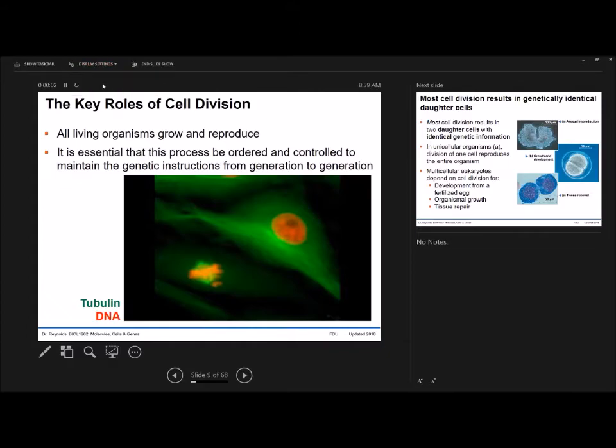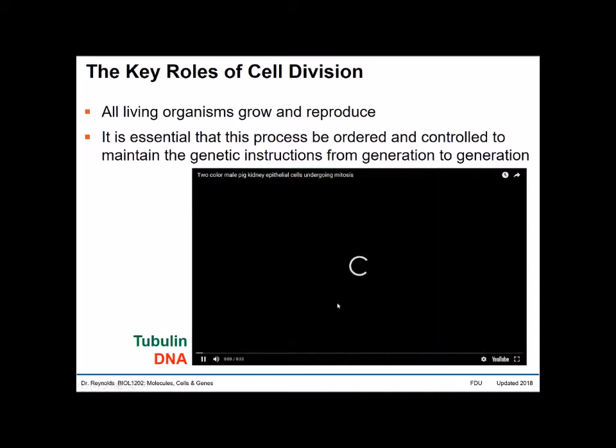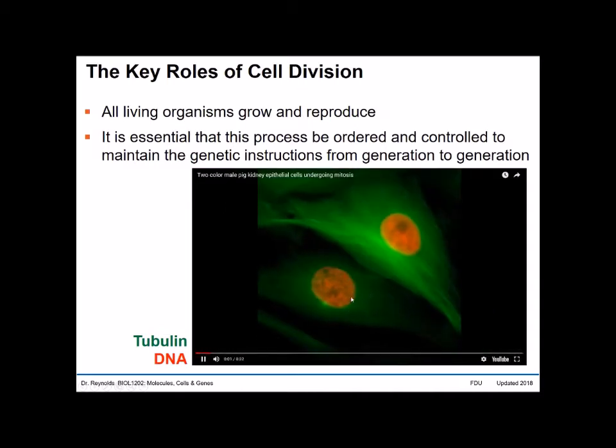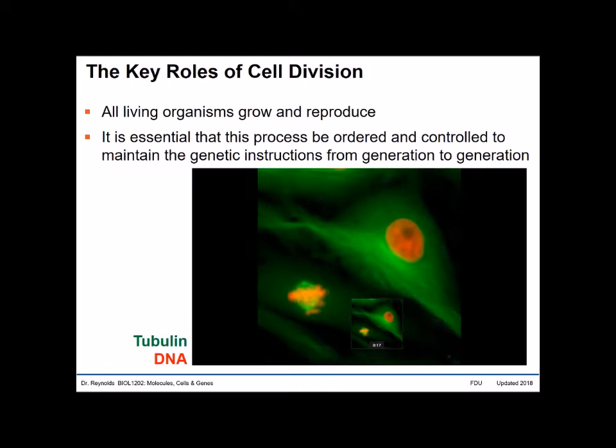So, take a look. This is one of my favorite videos. You're going to watch this guy down here. There's its chromosomes condensing down to chromatin. That is a microtubule spindle attaching to the proteins at the centromeres of those chromosomes.